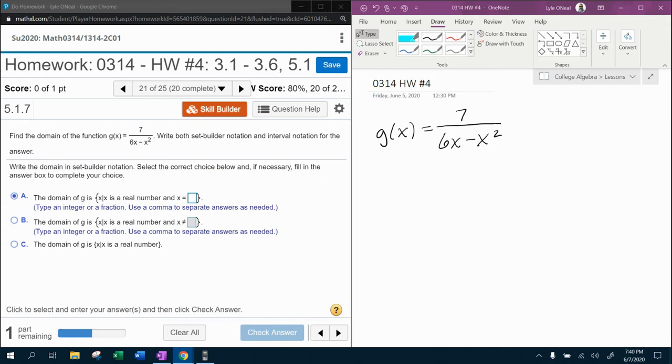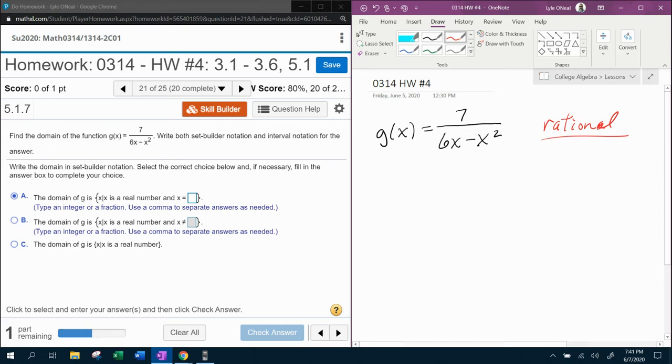All right, so the first thing that we need to notice is that our function has a fraction with variables on the denominator. So if we were to identify what kind of function this is, a rational function. I just remember that rational means fractional. You've got a fraction with variables in the denominator.